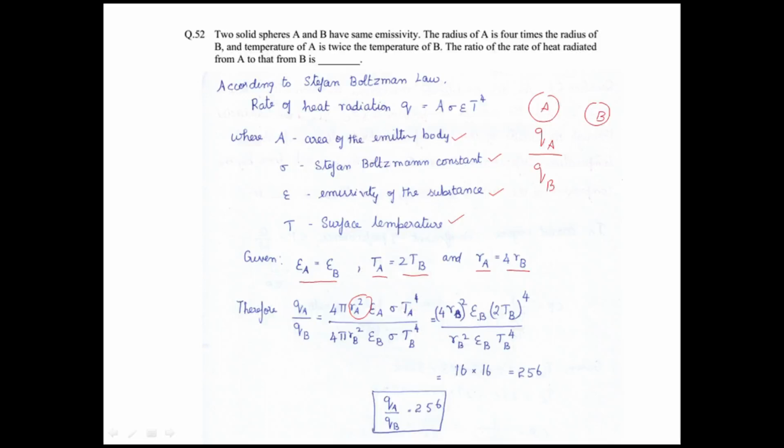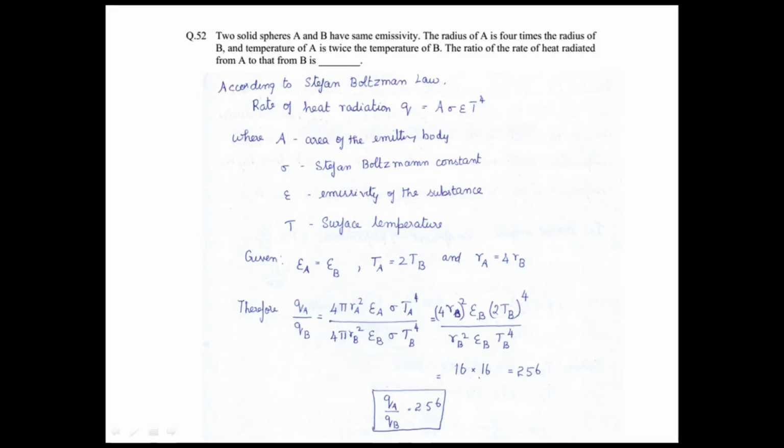So we can write emissivity of B here, and temperature of A is twice the temperature of B. So 2 times of TB the whole power 4. So by cancelling the common terms, we will be getting 16 into 16, that is 256. So the ratio of QA divided by QB is equal to 256.